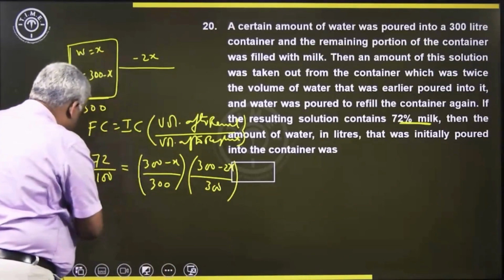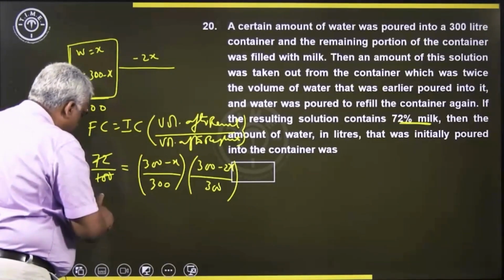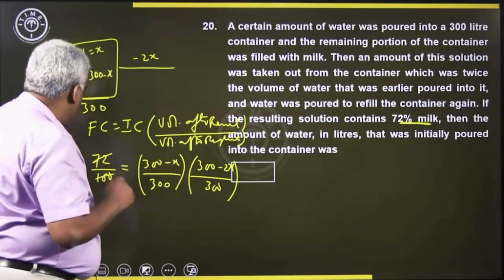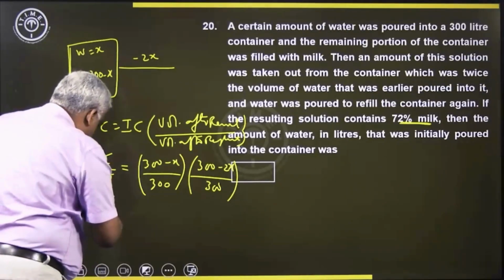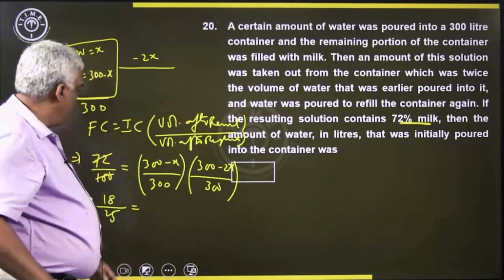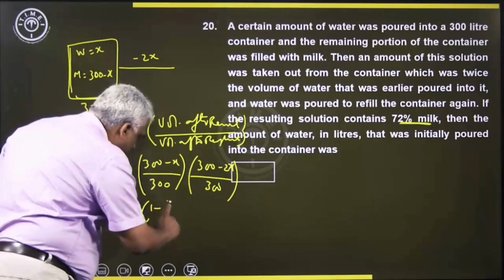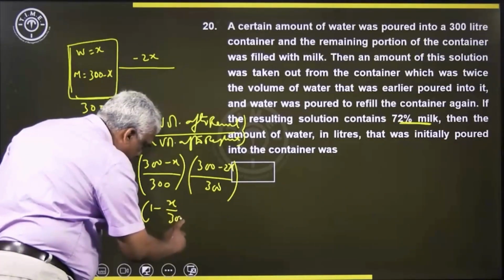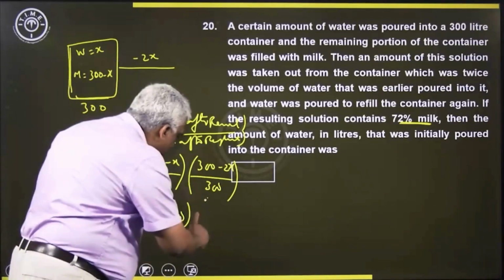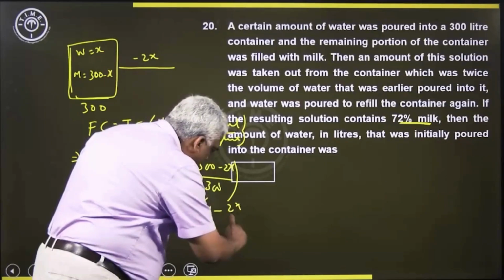From here I can cancel by 4, it will be 18 by 25. This is equal to 300 by 300, which is 1 minus X by 300, and 1 minus 2X by 300.